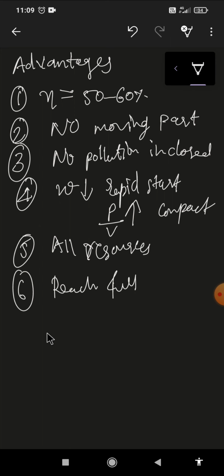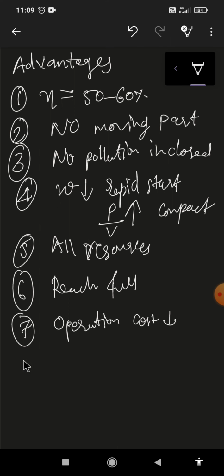So it is also an advantage. Then seven, the operational and maintenance costs are low. Then eighth, thus the cost of power generation per unit is also less. So as the operation cost is low, the power generation cost will also be less.